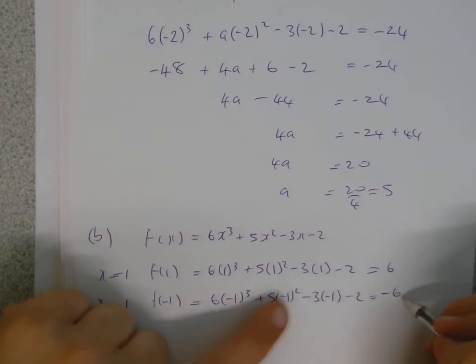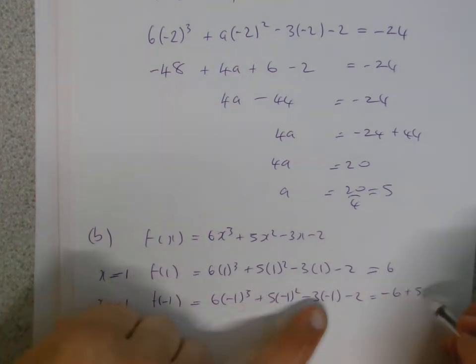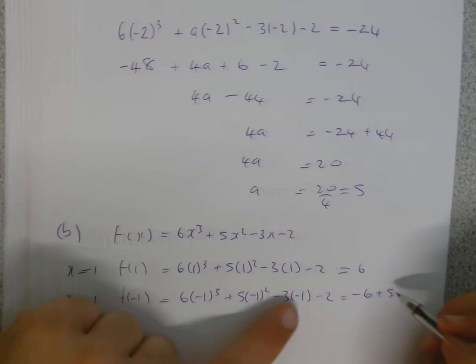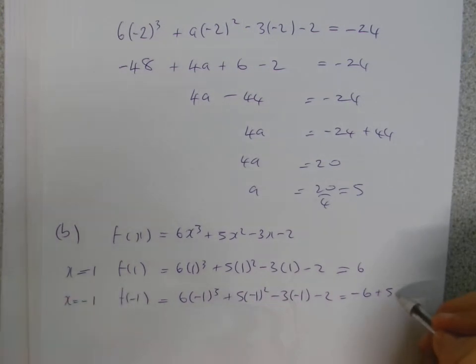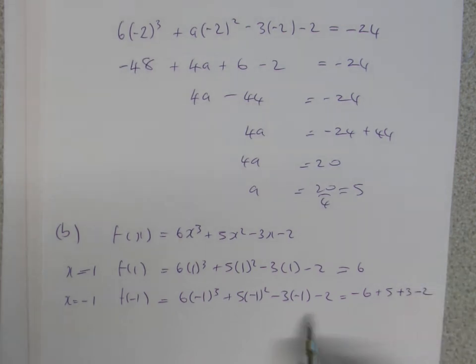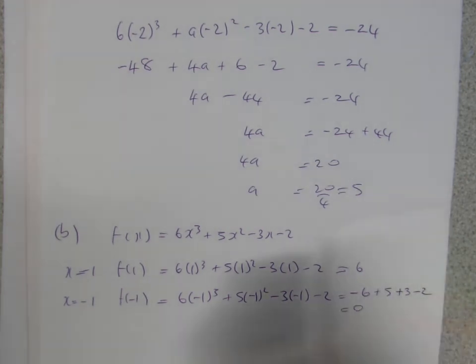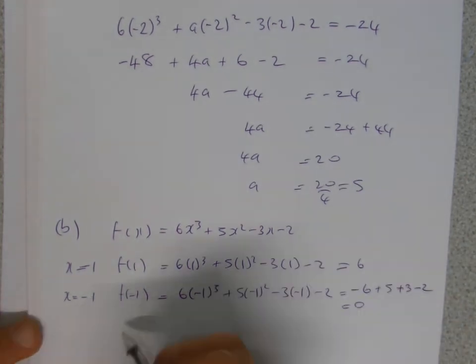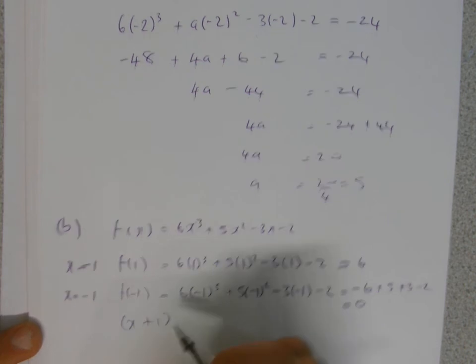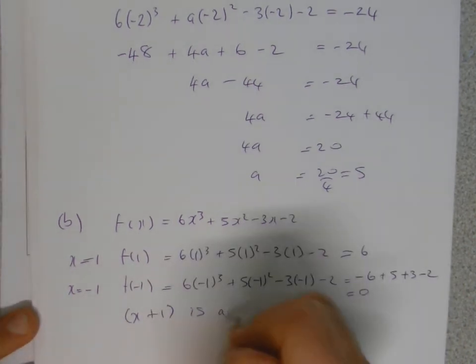Negative 1 squared is positive, so that's plus 5. This becomes positive because negative 3 times negative 1, 2 negatives make a plus. That stays as negative 2. So when you work that out, you actually get 0, don't you? So if we've got x minus 1, we'll do the opposite, that means x plus 1 is a factor.